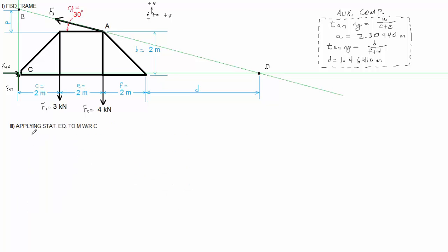So now we're going to apply static equilibrium to moments with respect to point C. So that would be F1 times d perpendicular plus F2 times d perpendicular plus, now I'm going to break F3 into its x and y components.